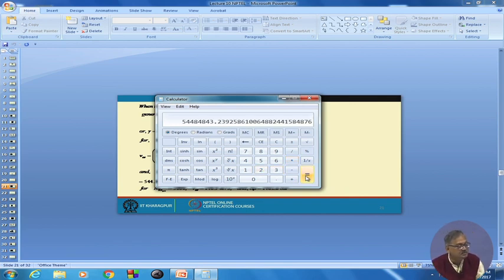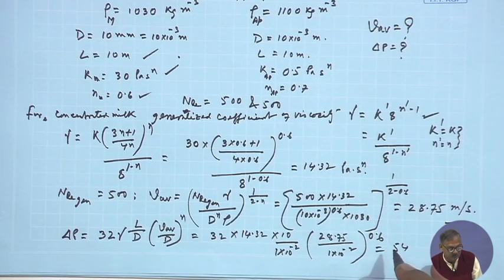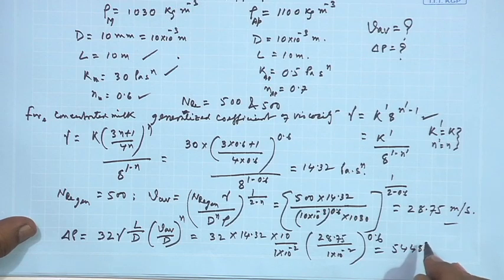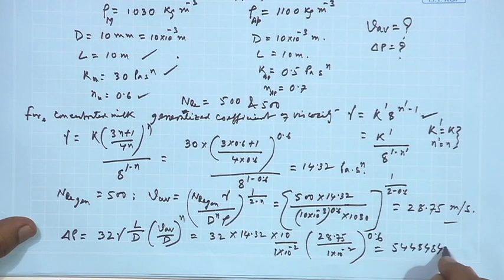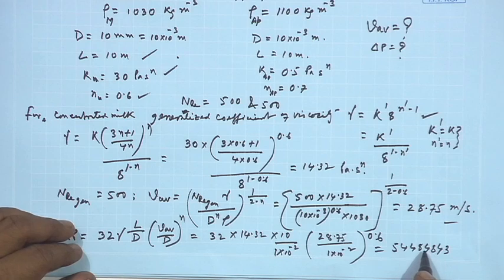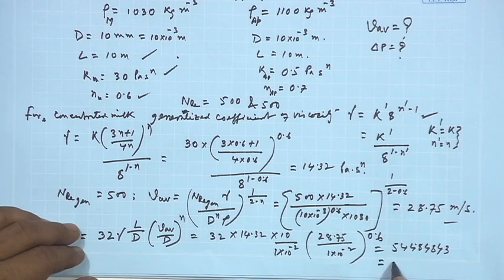is equal to 5 4 4 8 4 8 4 3, right. So, this is equals to 554.84 kilo Pascal.